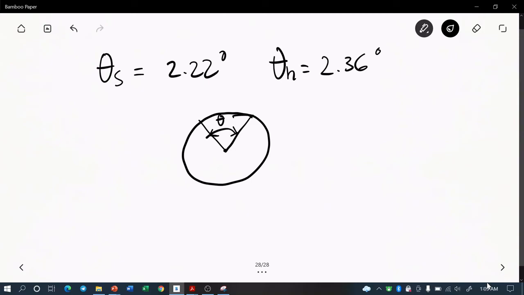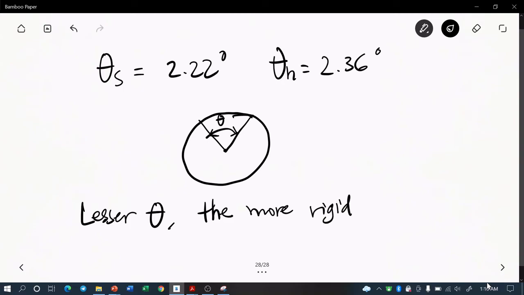By logic, the lesser the torsional deflection is, the more rigid the shaft is. Okay, so this means that the material or this particular geometry has more strength to withstand the applied torsional stress.